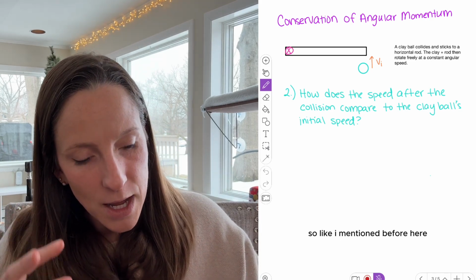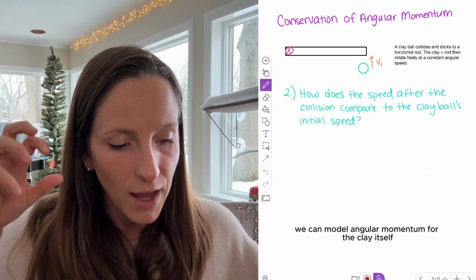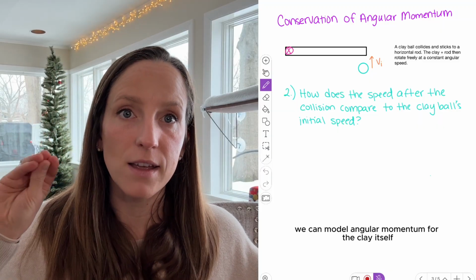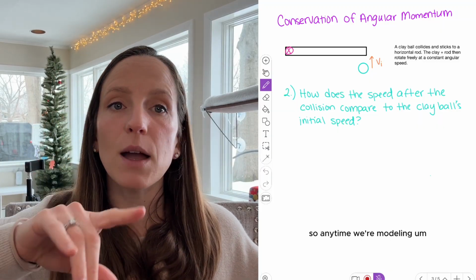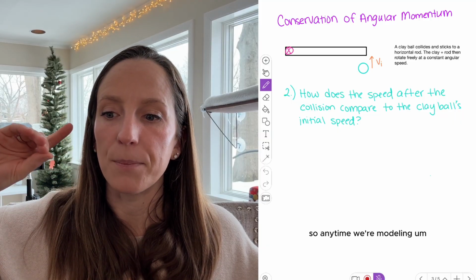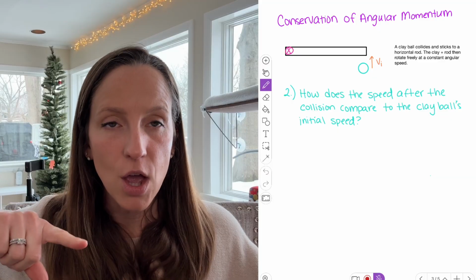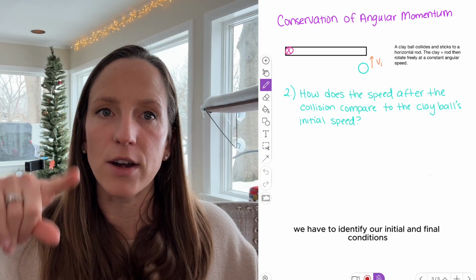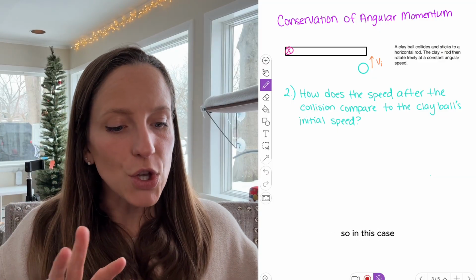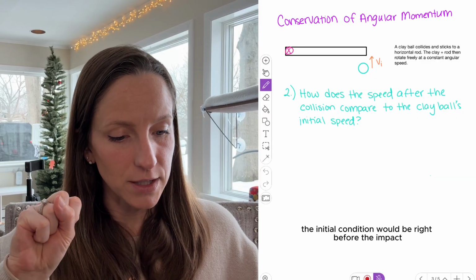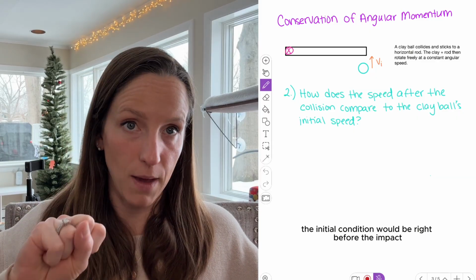Like I mentioned before, we can model angular momentum for the clay itself. Anytime we're modeling conservation of momentum, whether it's linear or angular, we have to identify our initial and final conditions. In this case, the initial condition would be right before the impact.